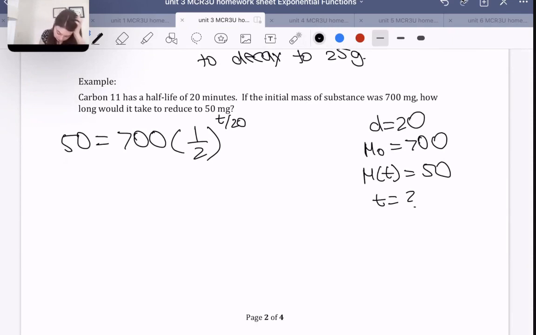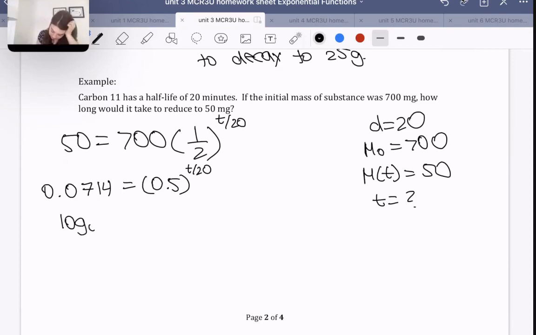Awesome. Like that. Then we're going to convert this to logarithms because this one, it's not very obvious to me. At least maybe it's obvious to you. It's not obvious to me what t would be just by looking at this. So let's use logarithms here.